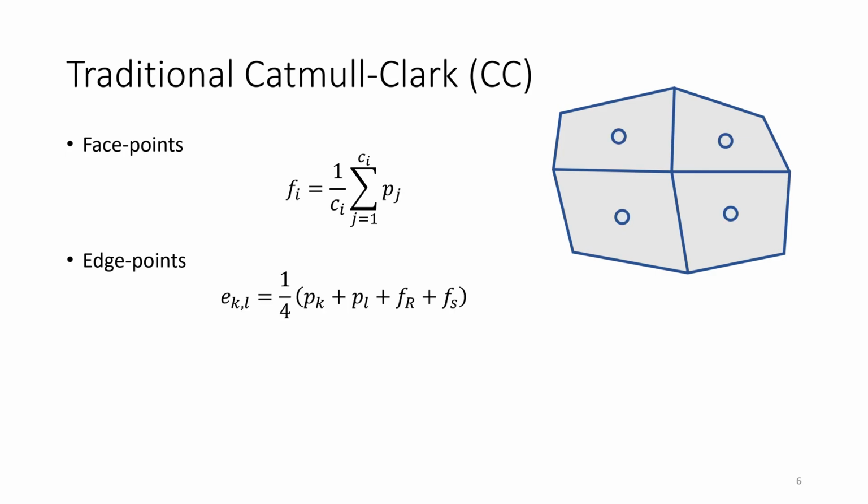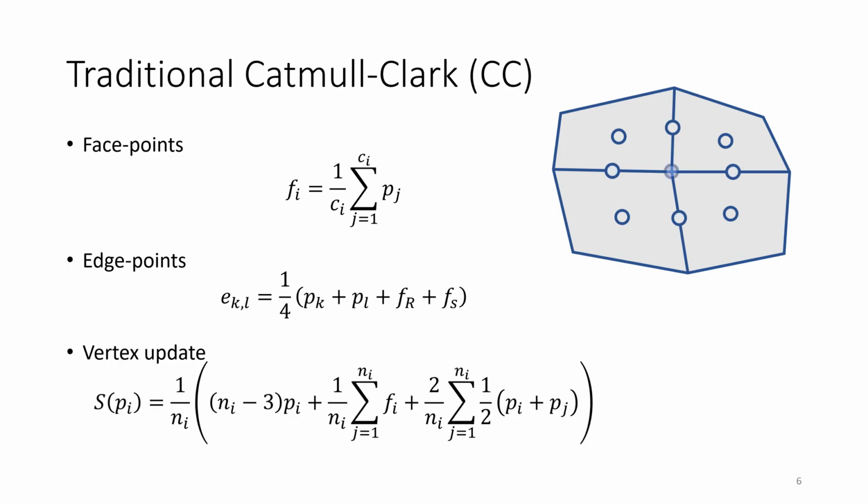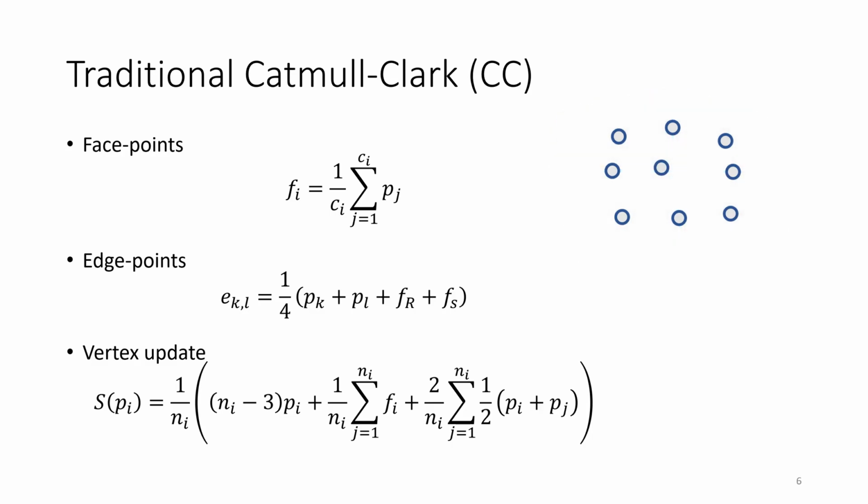In the first step, a face point is computed for each face as the average of the face's vertices. The second step computes an edge point for each edge as the average of its endpoints and the 2 adjacent face points. The third step updates the vertices of the control mesh using a linear combination of the vertices in the one-ring neighborhood. The last step reconnects the new vertices to build the refined topology.